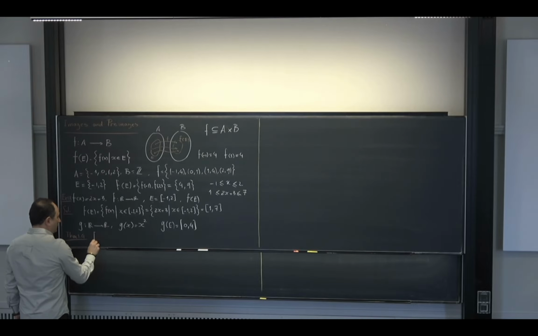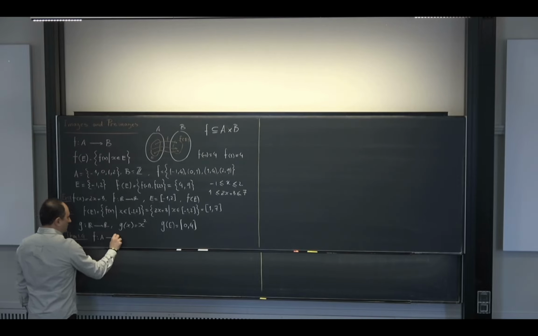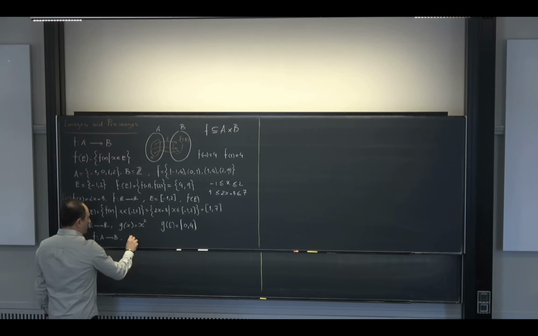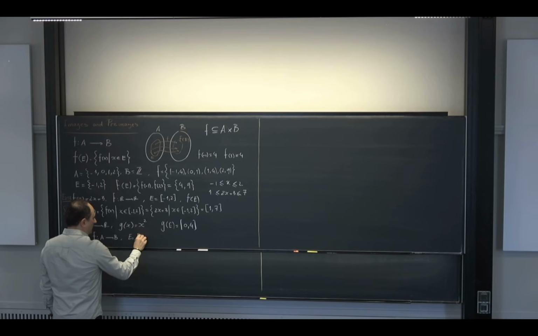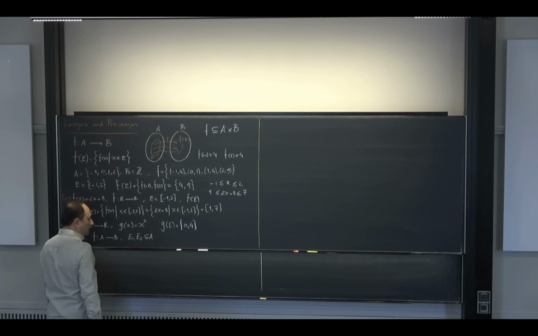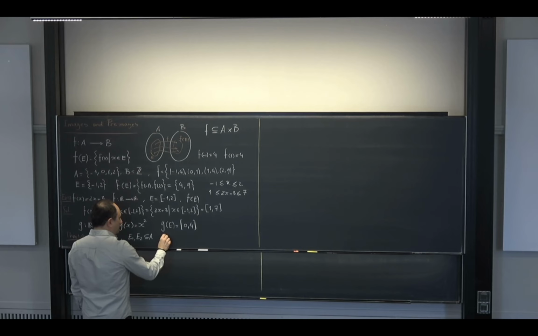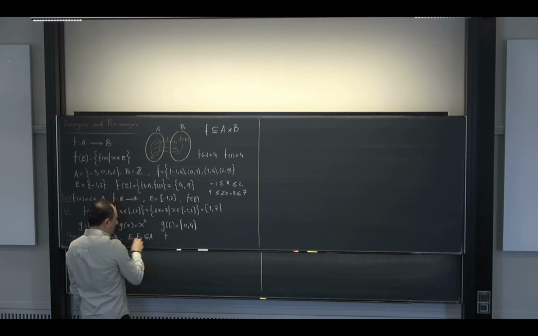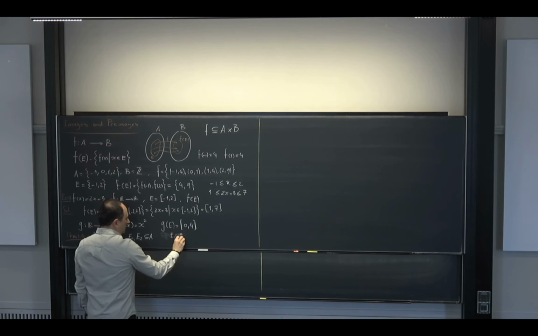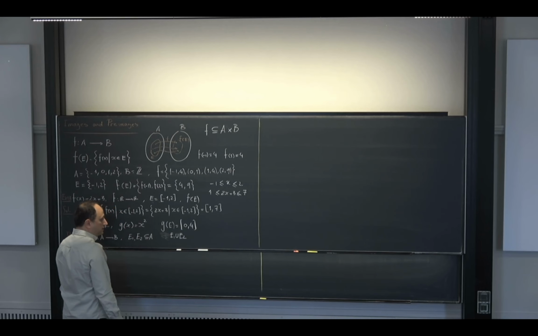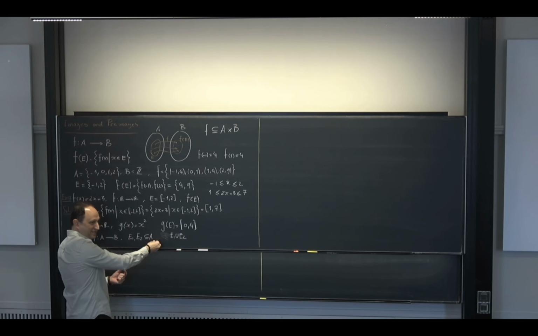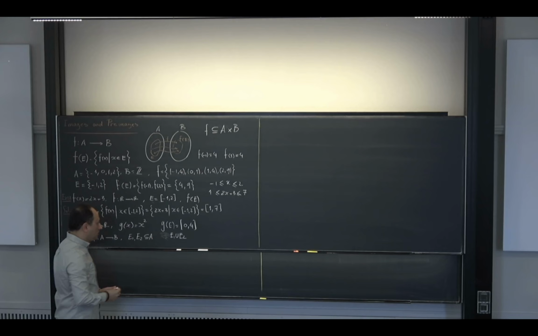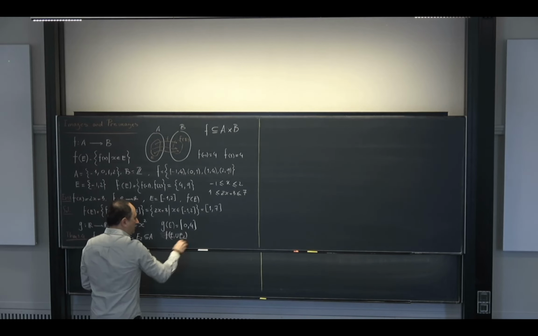If I have a function from A to B, and E1 and E2 are subsets of my domain, I want, for example, to see what happens if I union them. It becomes a new set, but it is also a subset of A, because if two sets are subsets of A, their union is still a subset of the domain, so it makes sense to talk about this.